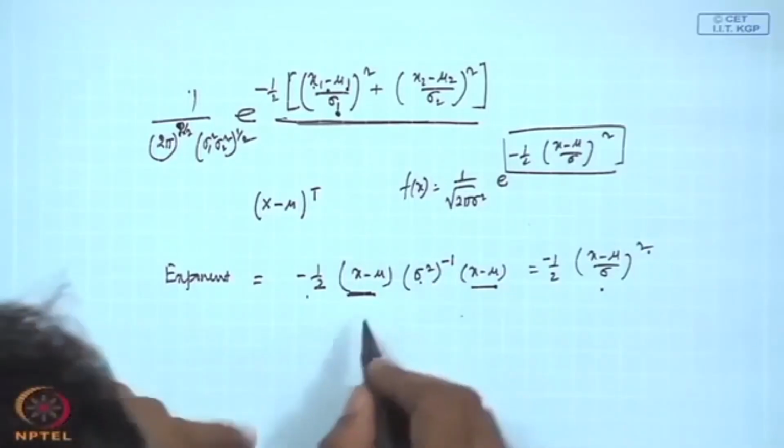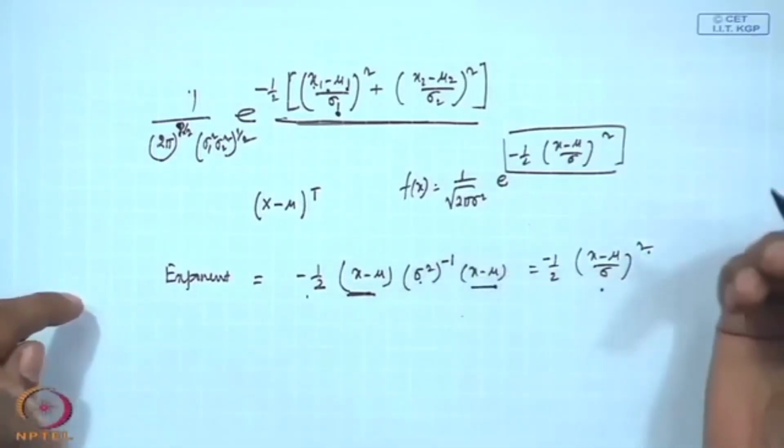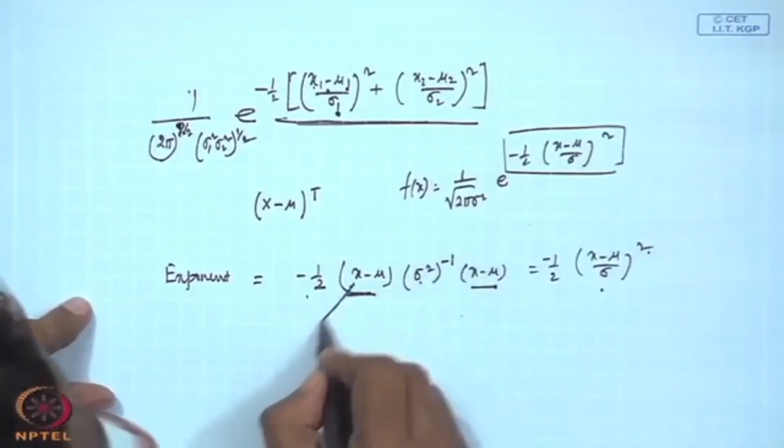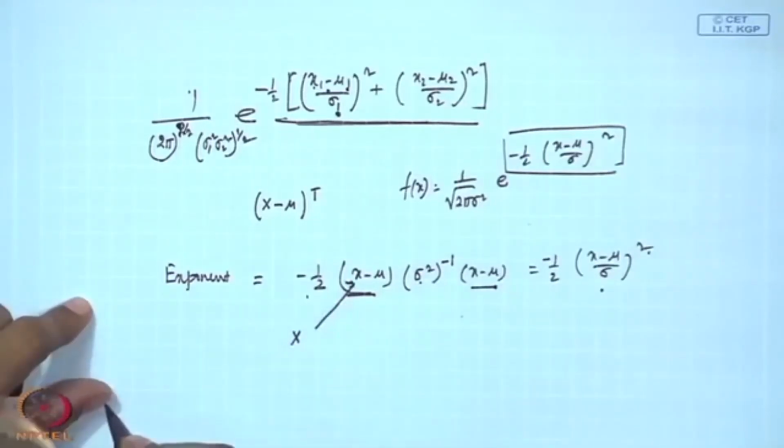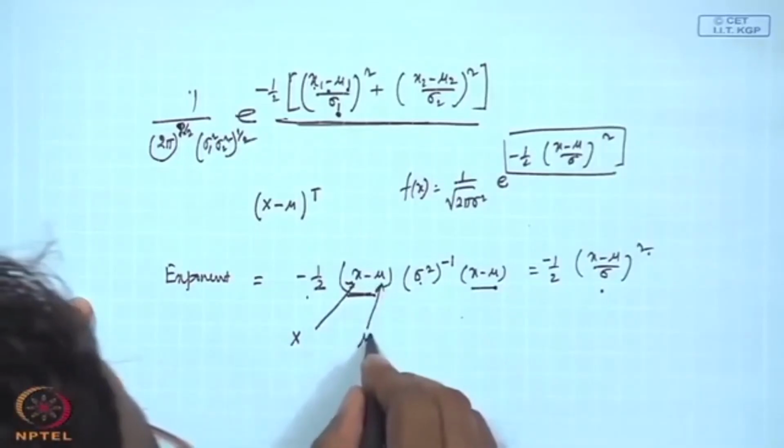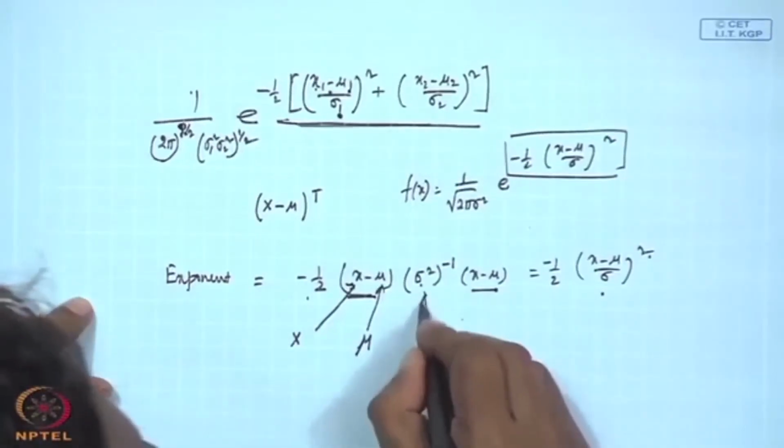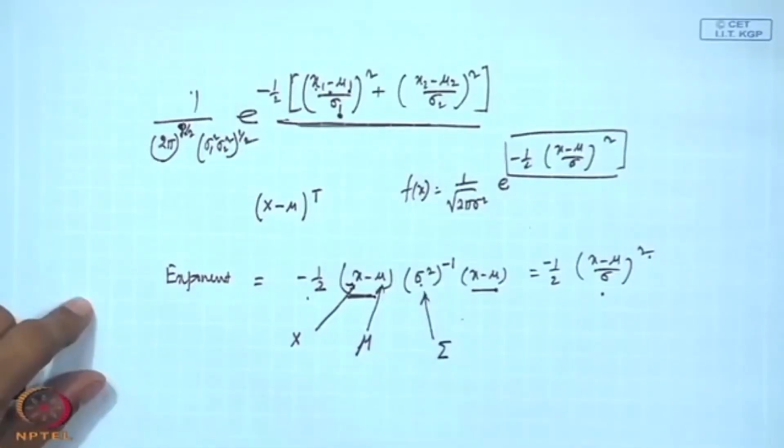Now, if you go for the multivariate case, what will happen? Your x is replaced by capital X, mu is replaced by bold mu, sigma square will be replaced by sigma.